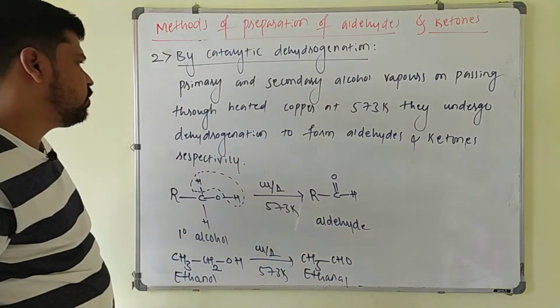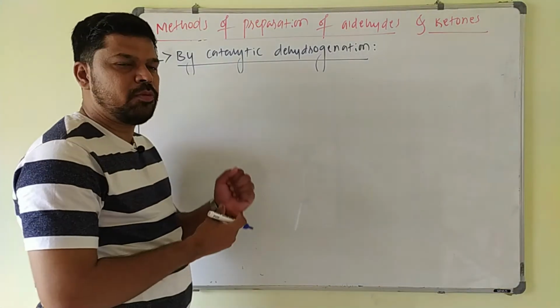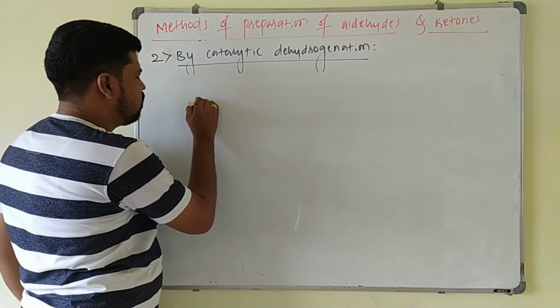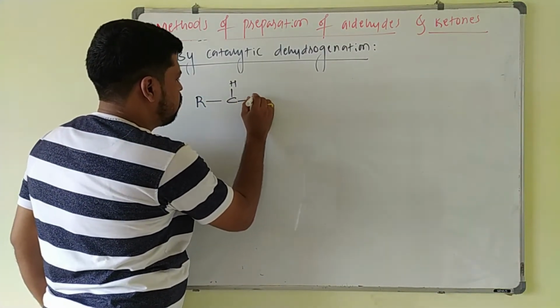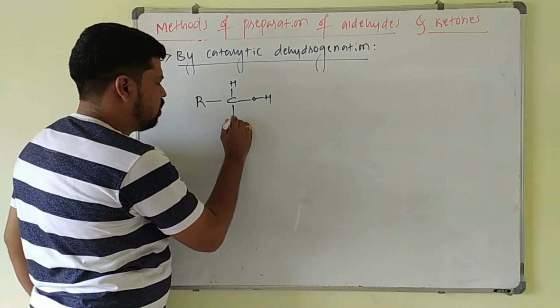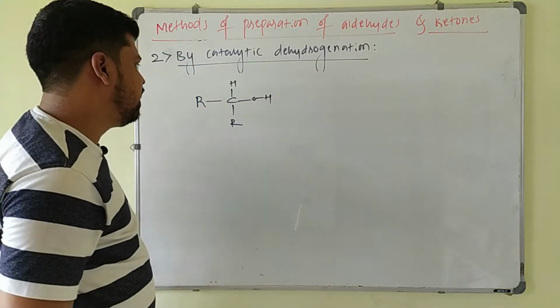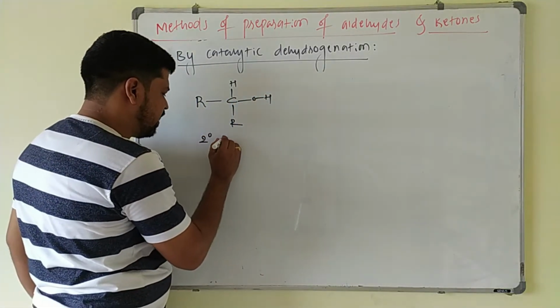Okay, next one. Suppose you take secondary alcohols, R CH OH R, where OH is attached to the secondary carbon atom. So this is your secondary alcohol.